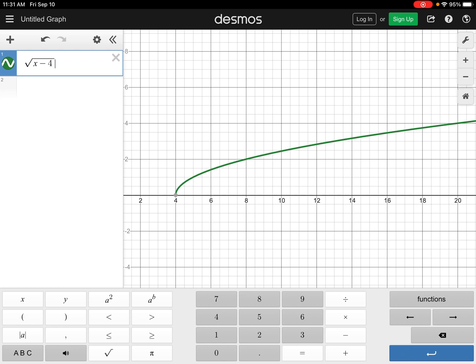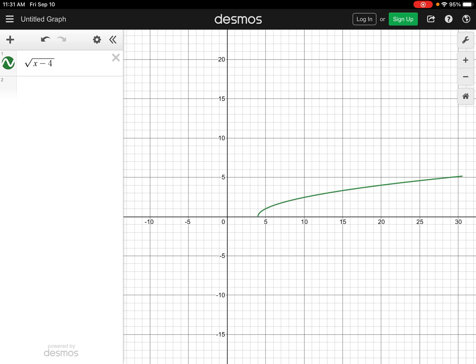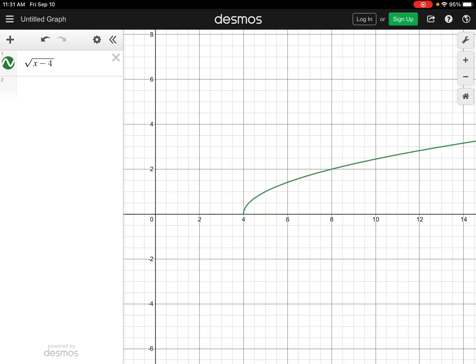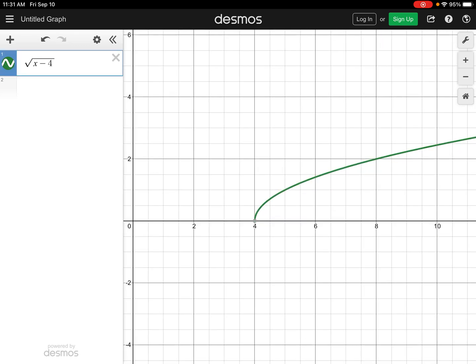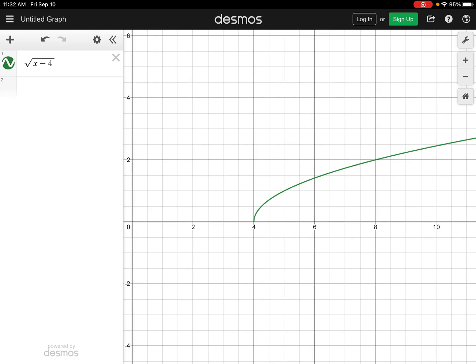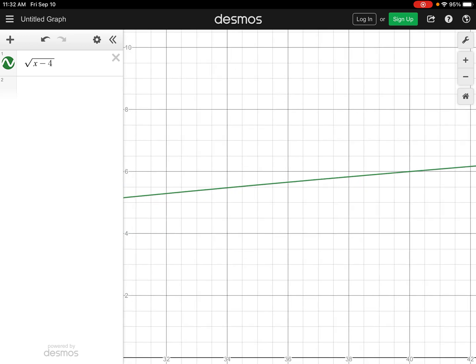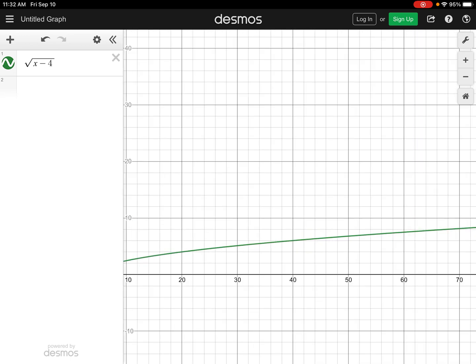So I've typed in my function at the top here, square root of x subtract 4, and we can see it doesn't go all across my graph, right? It is starting, and if I want to figure it out, I can click on it. I know that my x is 4, so my domain starts at 4, and my y is 0, so it starts at 0.